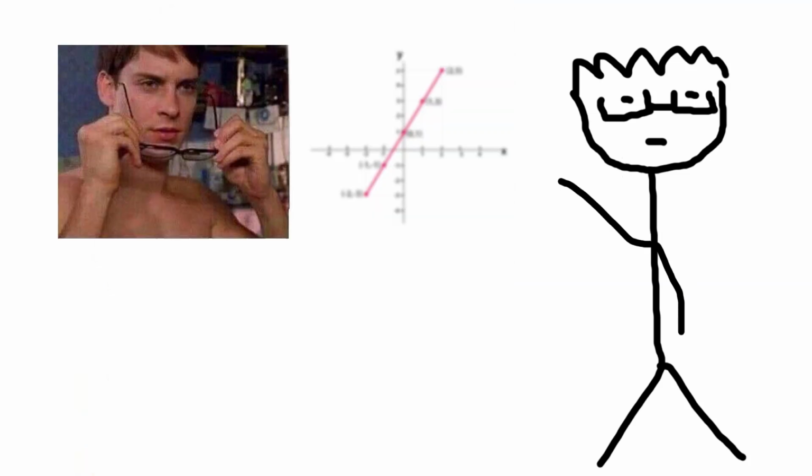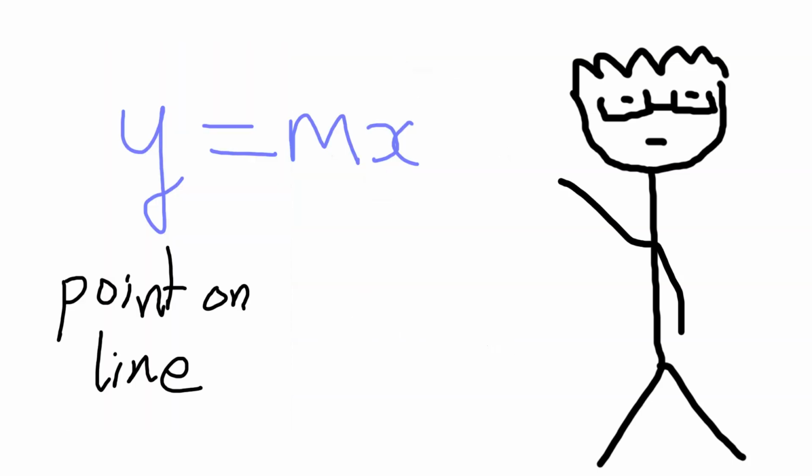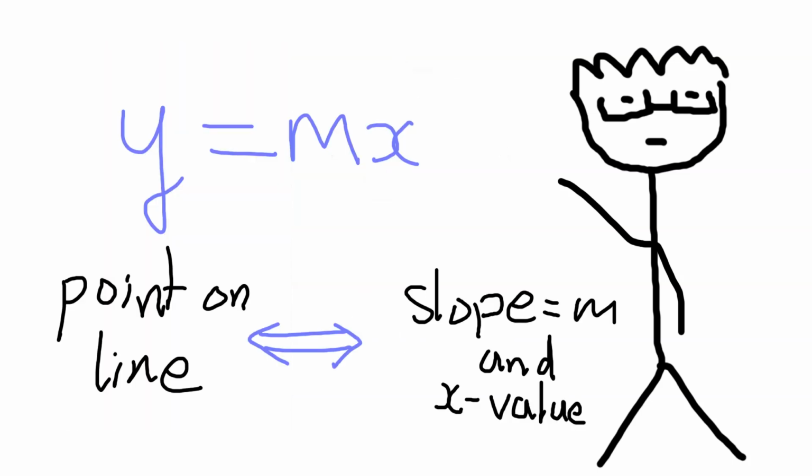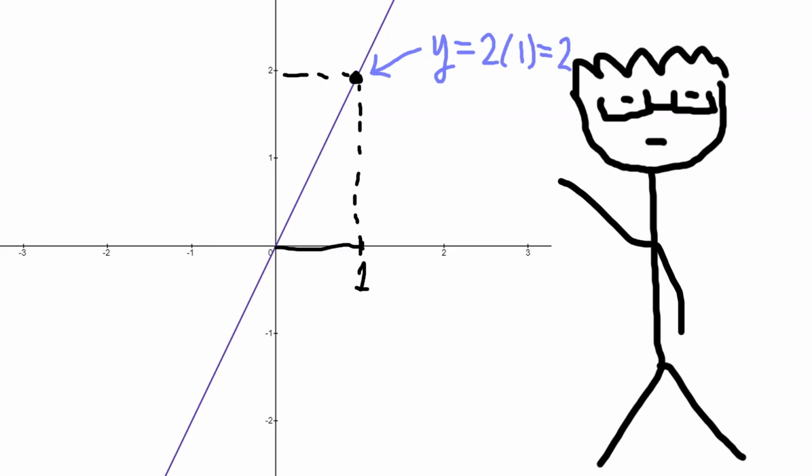And if we squint our eyes enough, we can see that the only thing differentiating these lines is their slope. Better yet, any point on a line is uniquely determined by its slope and a single value. For example, on this line y equals 2x, if we want to know what this point is, all we have to know is either the y value or the x value to recover the other.